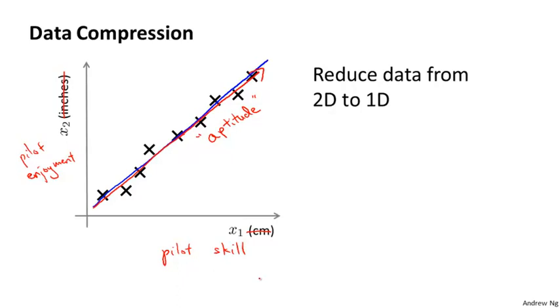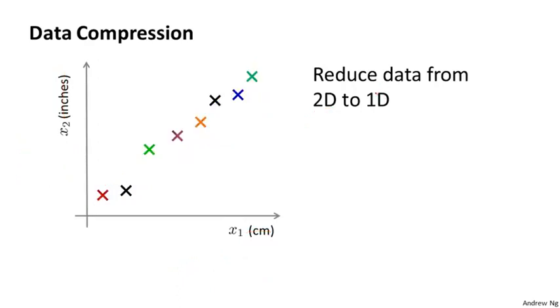So let me say a little bit more about what it really means to reduce the dimension of the data from two dimensions, that is from 2D to one-dimensional or to 1D. Let me color in these examples slightly different colors. And in this case, by reducing the dimension, what I mean is that I would like to find maybe this line, this direction on which most of the data seems to lie, and project all the data onto that line that I just drew.